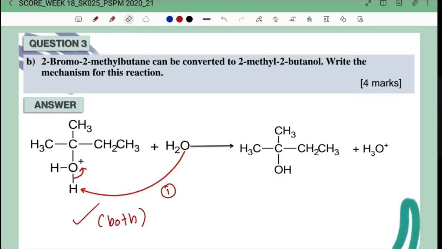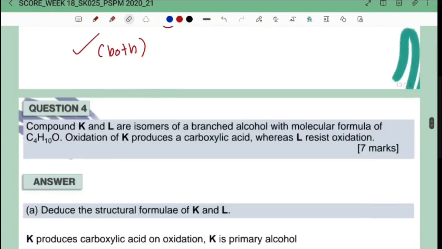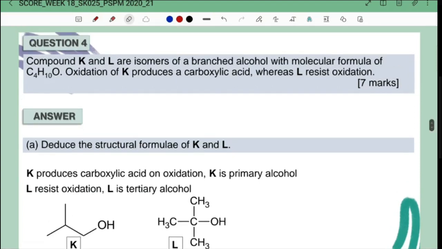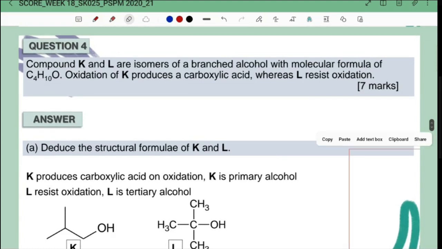Alright. Okay, we go to the next question, number 4. Compounds K and L are isomers of a branched alcohol with molecular formula C5H12O. If we look at the question, it does not differ much, and it mostly involves carbon 3, 4 and 5. Oxidation of K produces a carboxylic acid whereas L resists oxidation.